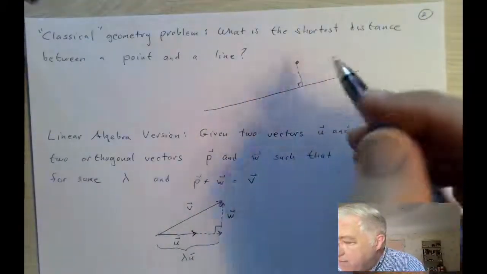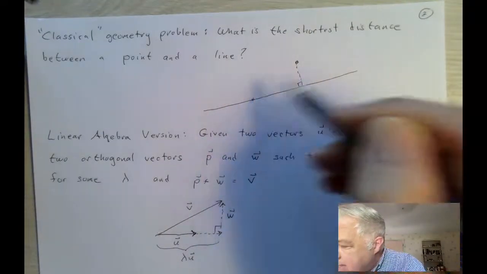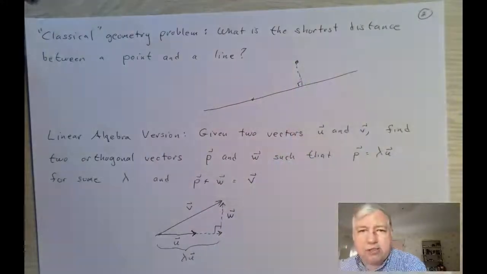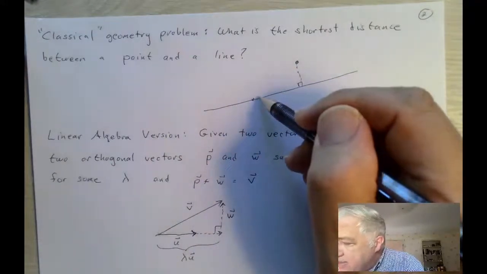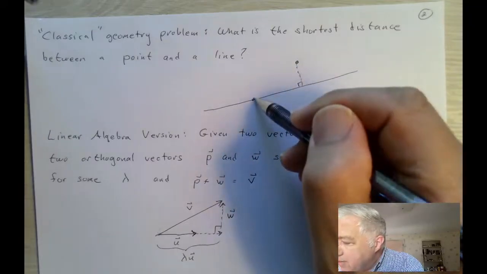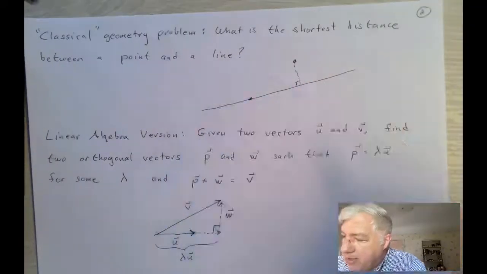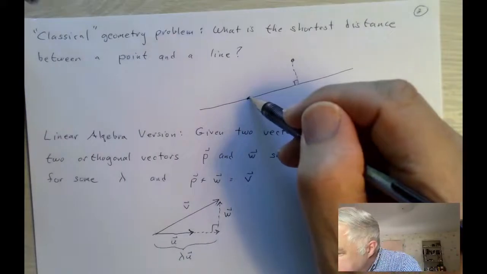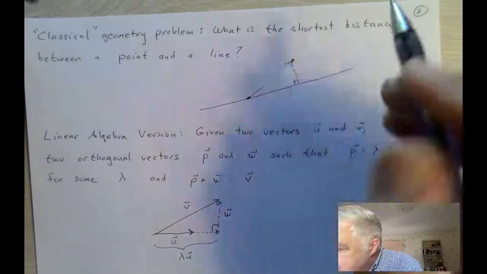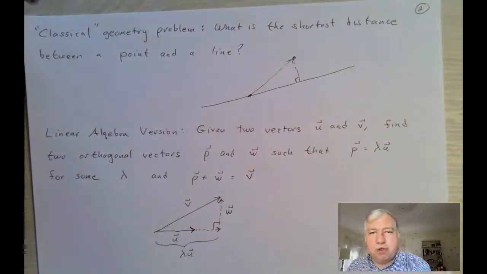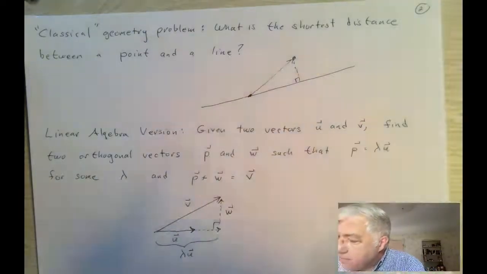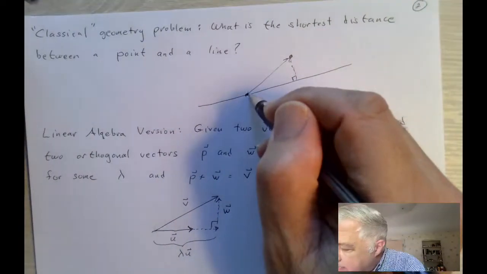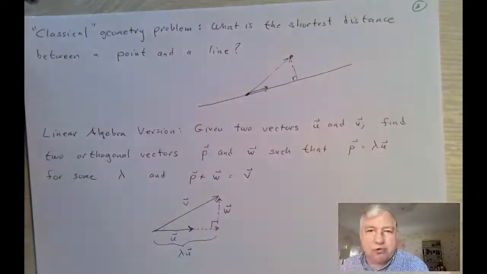We can view this distance as the length of a vector, and we can look at this as the sum or difference of two different vectors. If we take a point that's on the line and draw a vector connecting these two points, the line has a certain direction vector.